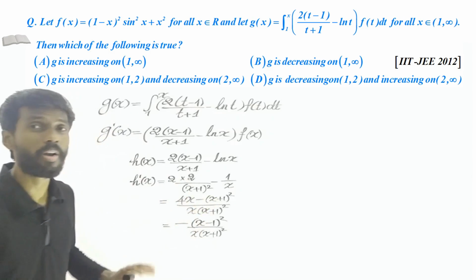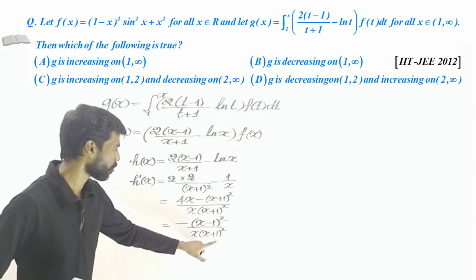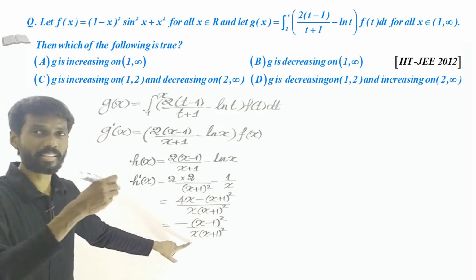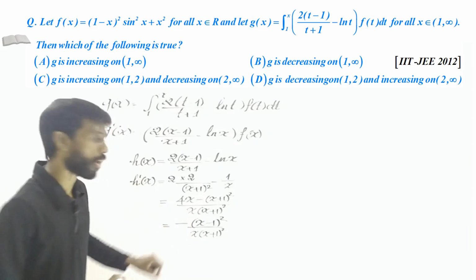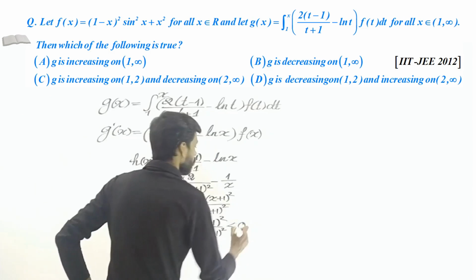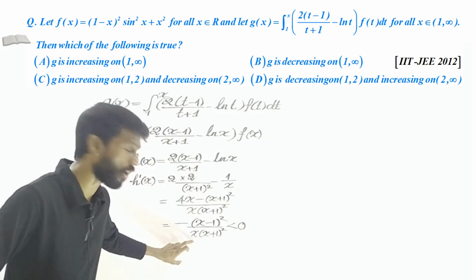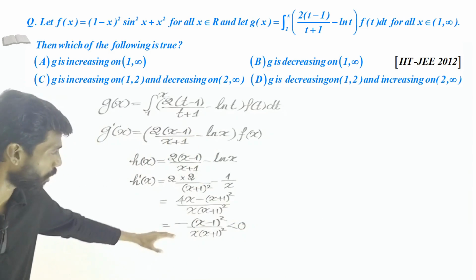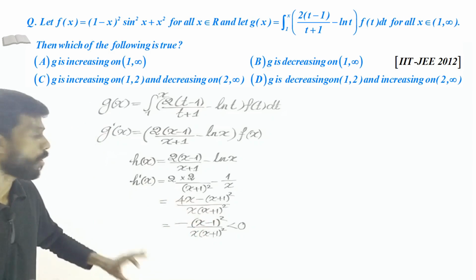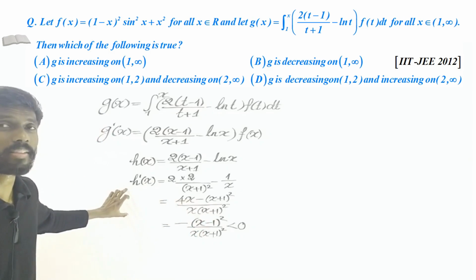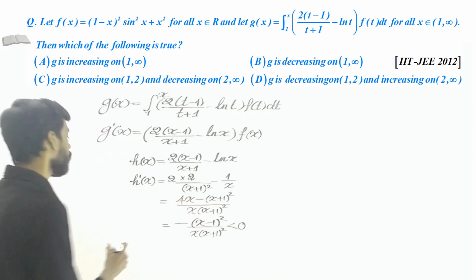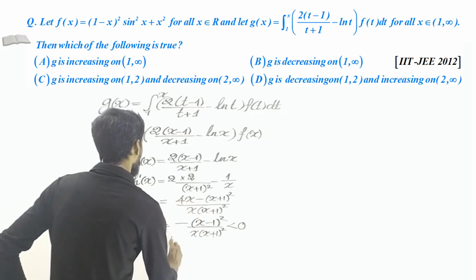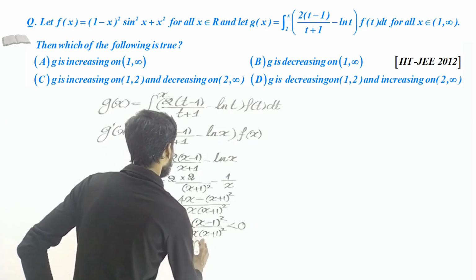This value is always negative because it is the square of a number with a negative sign. x is positive anyway, as ln x is there, so the whole value is always negative. So that means h of x is a decreasing function.